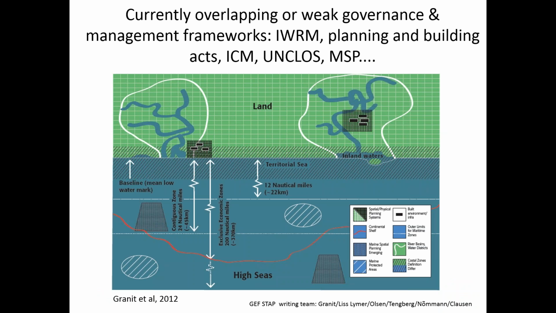Because the SDGs in themselves will not change the administrative institutional situation many countries are facing. Looking at the entire source-to-sea continuum, management frameworks are often weak or overlapping, consisting of a mishmash of IWRM, ICM plans, land use, urban, and marine spatial plans, borders between municipalities and river basins, for example.